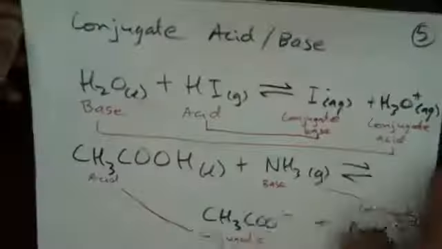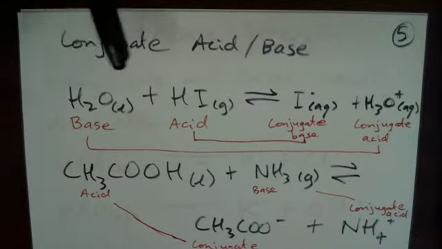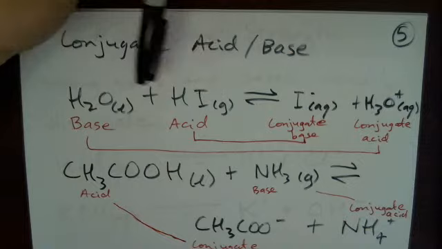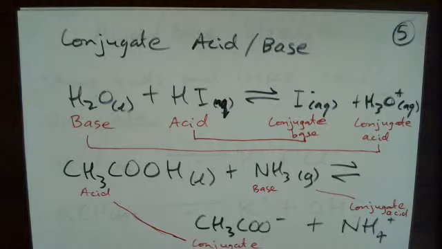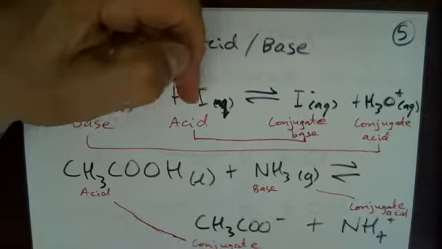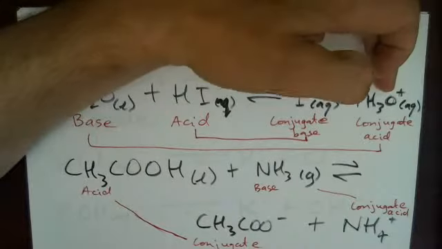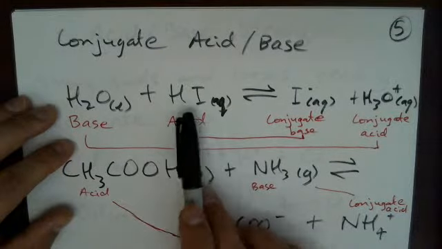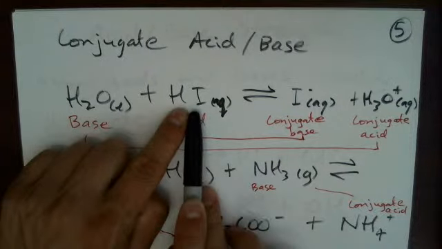Let's have a look at some conjugate acids and bases. So if you can just sort of ignore the red for the time being, we see we have water going with hydrogen iodide. This should really be an aqueous. So the hydroiodic acid splitting up into iodide and H3O plus. This is an acid because this is what's actually going to donate the H plus.